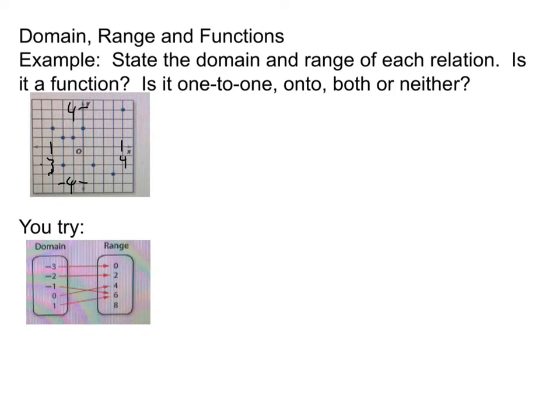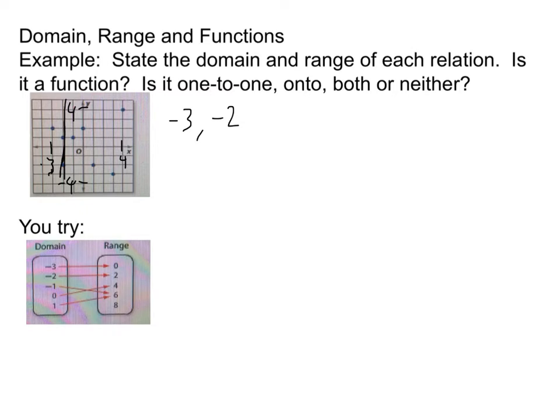So if I'm looking at this, the domain is the x value. So that's my horizontal axis. That's my inputs when I'm putting into a function. I get a -3. I have a -2. Actually, I have 2 points at -2. So it is not a function, because if I drew a vertical line here, I'd hit those 2 points.